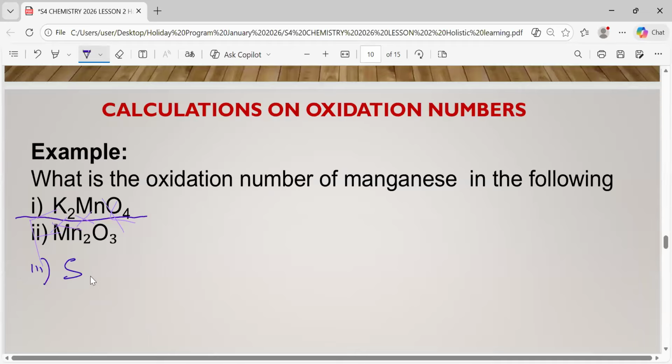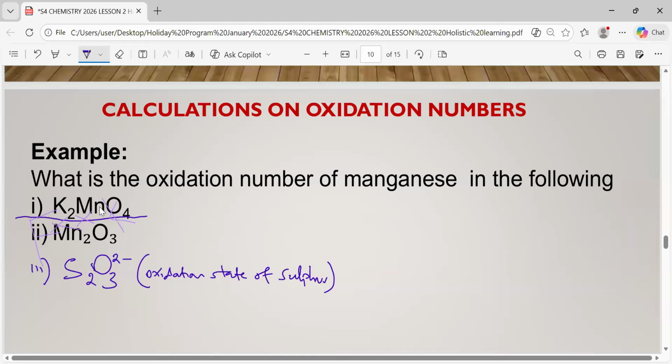I want to add another. Okay, that will be another one. Here we'll be looking at the oxidation state of sulfur. This will be for the thiosulfate ion.